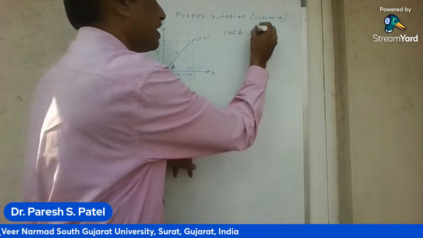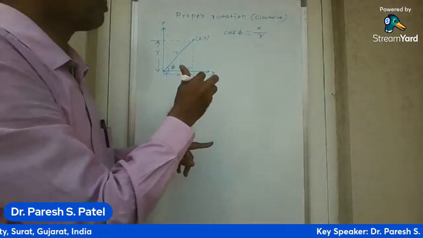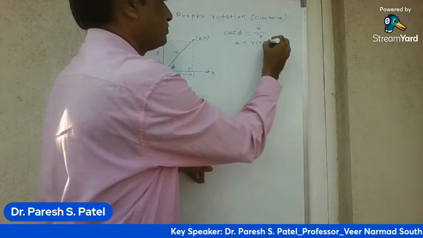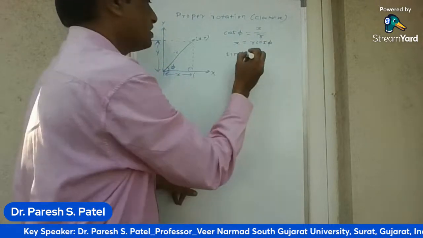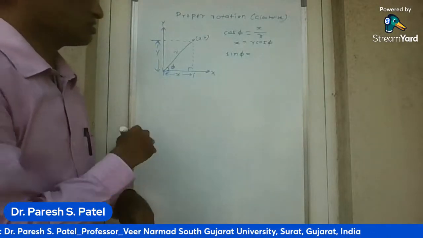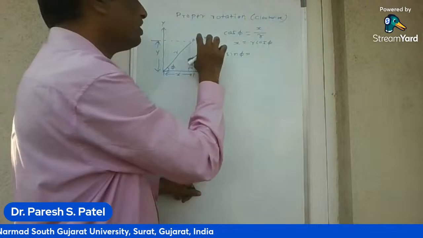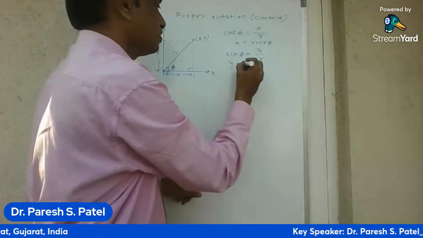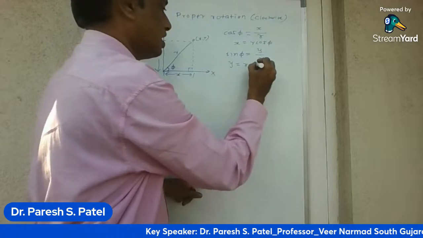Base is nothing but x, and hypotenuse is the length of the vector, r. So x is equal to r cos phi. Similarly, sin phi is equal to the front side divided by hypotenuse. The front side is nothing but y, divided by r. So y is equal to r sin phi.